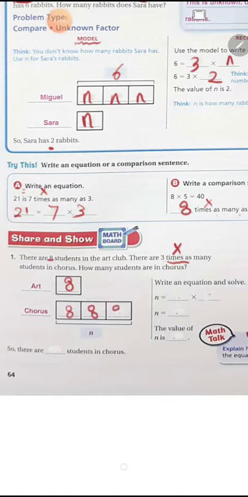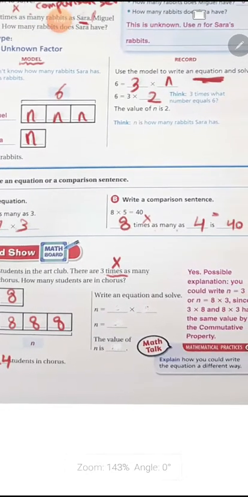So if the number of chorus students equals n, and n is 3 times the number of students in the art club, that means I have to repeat it 3 times. If you add 8 plus 8 plus 8, equals what? 24. So the number of students equals 24. Let's find it by using the equation.